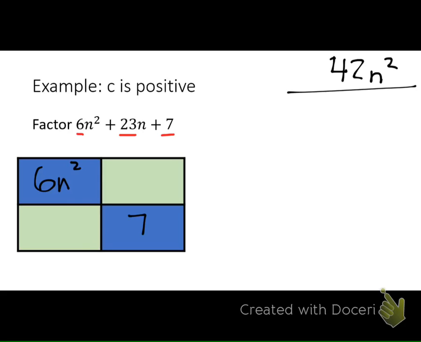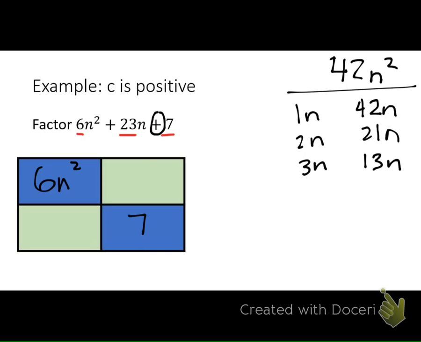In this case, my last term was positive. So we're going to list all of the factors which combine together to give me the ones I needed. In this case, 42 would give me 1n and 42n. And then I could have 2n and 21n. And then I can have 3n, and 3 goes into 42 once, and then it'll go into 12, 3 times.